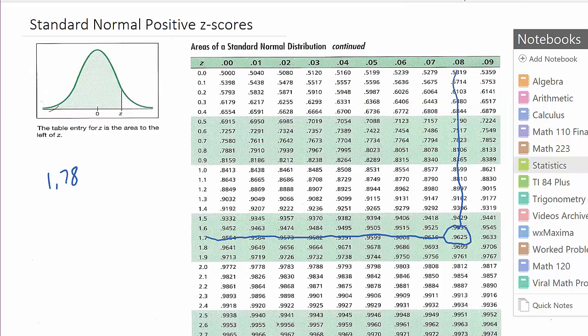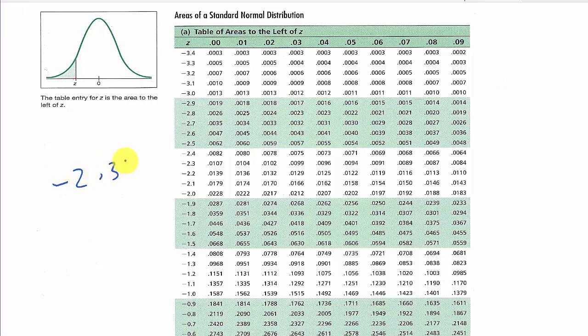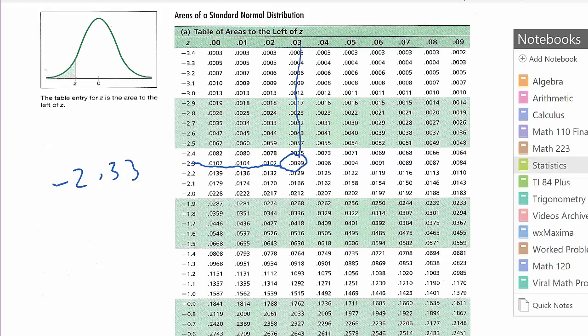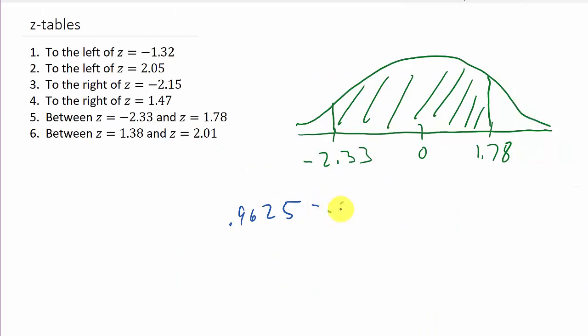So we need to go to the negative. That's going to be negative 2.33. So there's negative 2.3, and then the 3 in the second decimal place is 0.0099. So minus 0.0099.